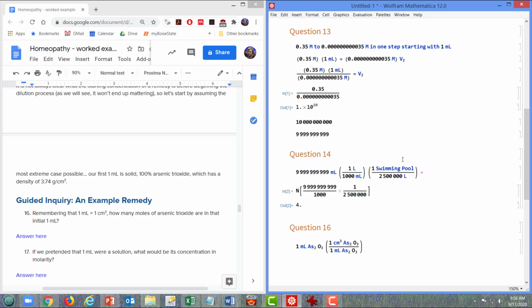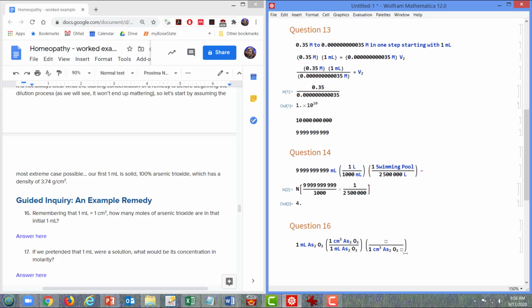arsenic trioxide, and 1 cubic centimeter of arsenic trioxide is equivalent to 3.74 grams arsenic trioxide. Now we need to know the moles.